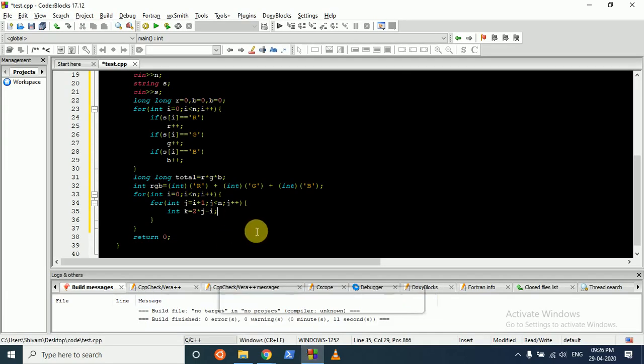Okay, so we can check if this k exists because we have taken total RGBs ever possible, and if this k is also present, we will subtract it from the total answer because we do not want this k to be present. I hope you understand.